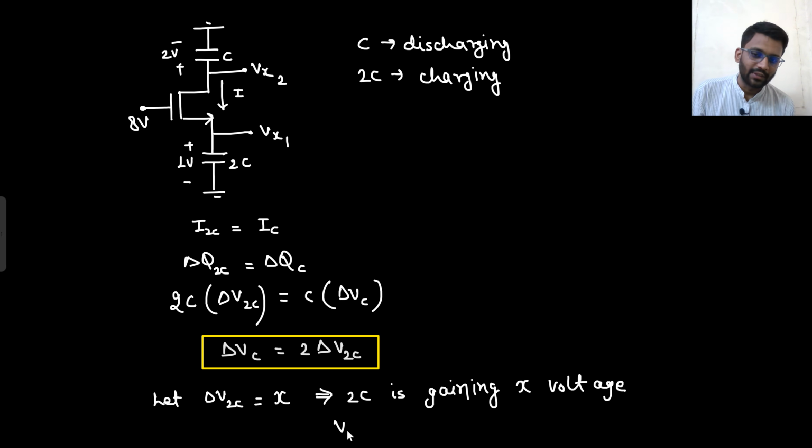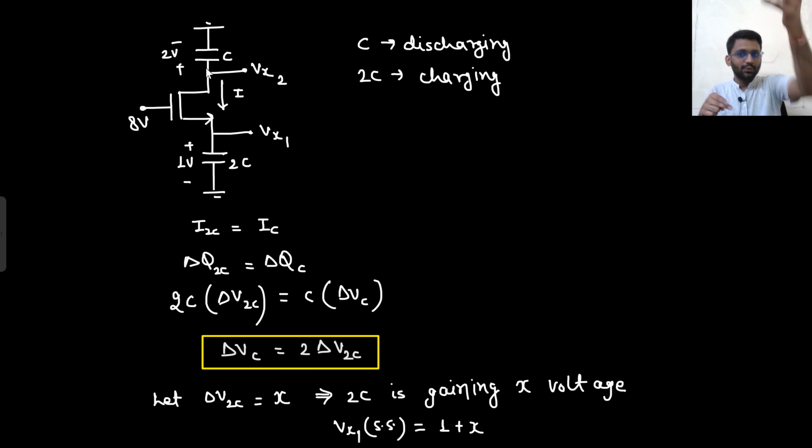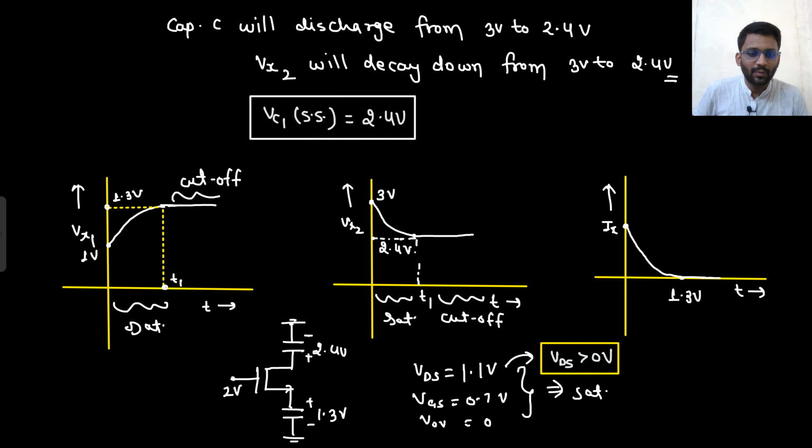So what will be your Vx1? Vx1 steady state would be 1 plus X. If it is gaining X voltage, then how much will C be losing? 2X, because the capacitance value is half. If it is gaining X, it will lose 2X. Say yes or no. In the previous program, what was happening?